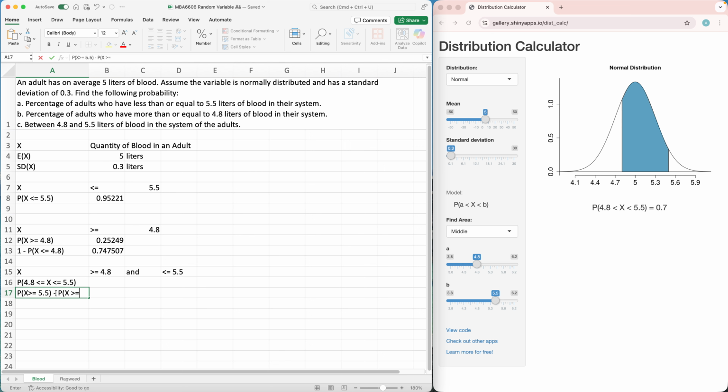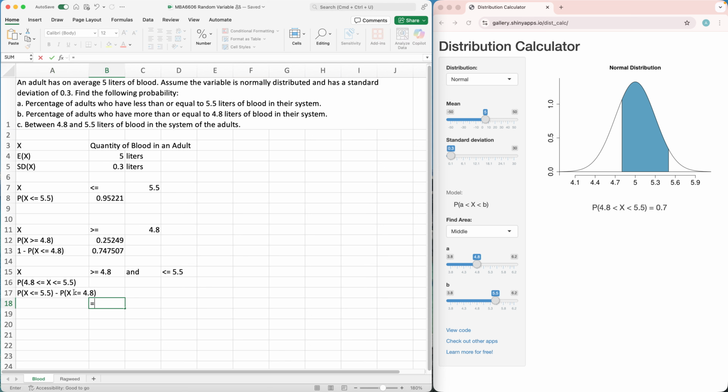I need to put it the other way around. So when we take the difference between these two values, we get the answer.